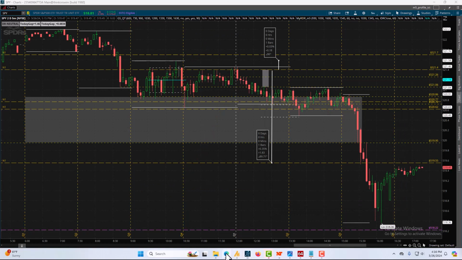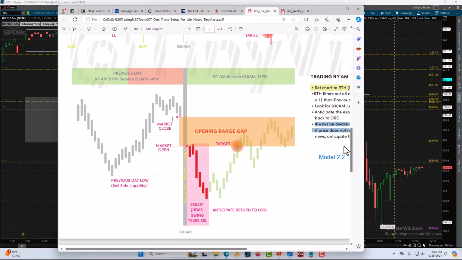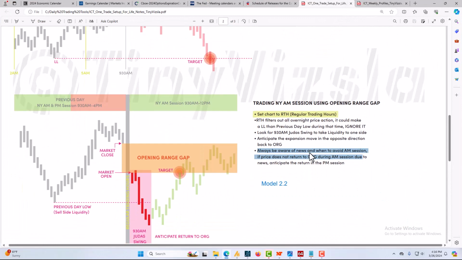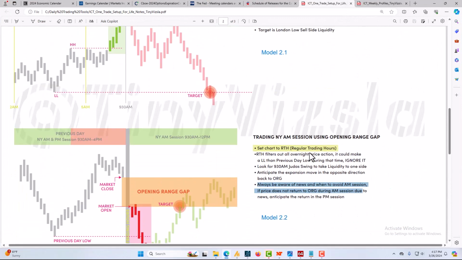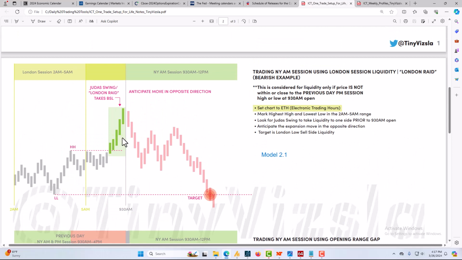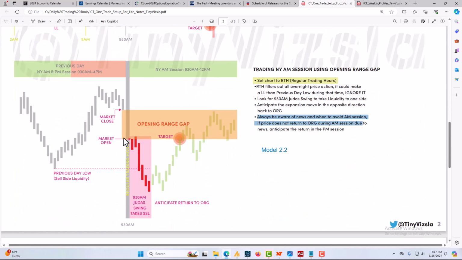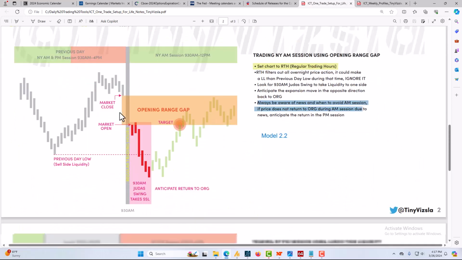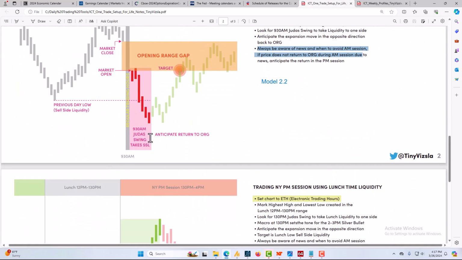Right. Oh, the model is 2.2, not 2.1. Wow. So basically we have a Judas swing before 9:30 and the Judas swing at 9:30 with the gap.